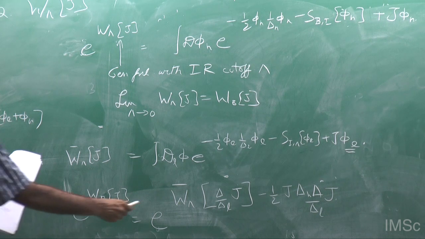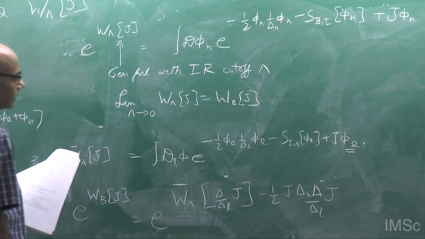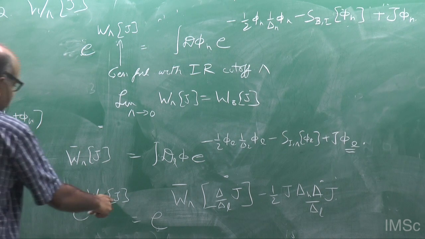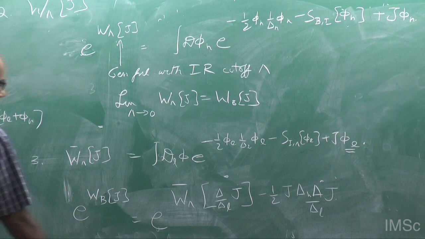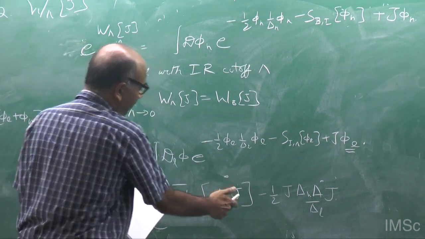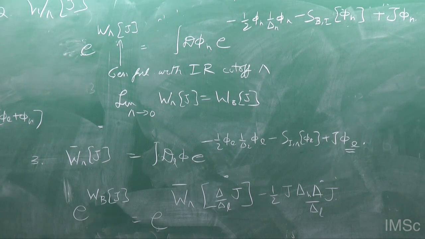Okay, so this is a scaling factor. So that means when you calculate correlation functions of the original fields, you will get correlation functions as calculated in this theory modulo that scaling factor. So you get something like this.